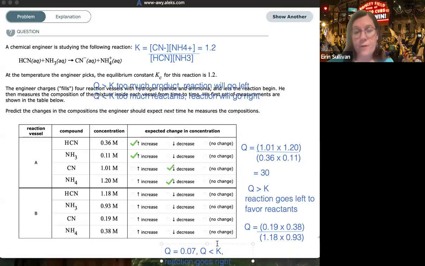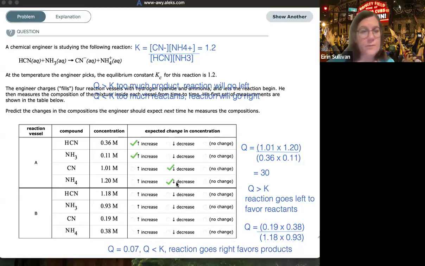So we want to favour product formation. So our reactants are going to decrease in concentration. So our reactants are our HCN and our NH3, and our products should be increasing in concentration. So that'll be our cyanide ion and our ammonium ion.